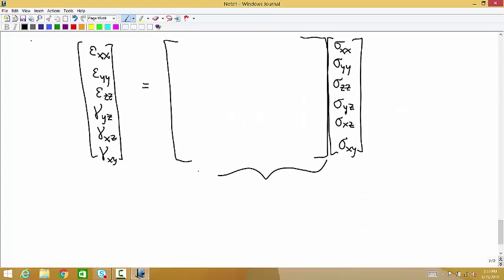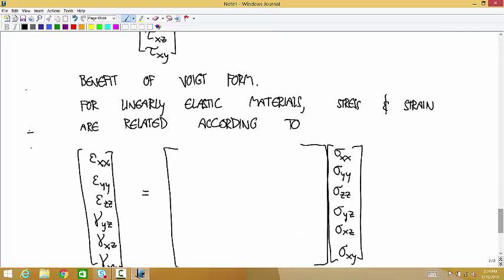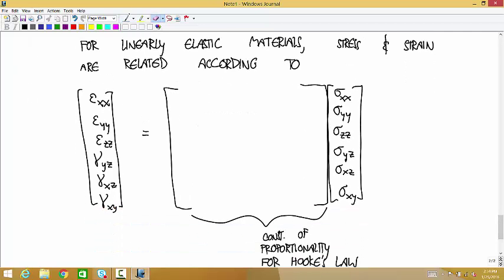This thing here, you can think of that as the constant of proportionality for Hooke's law. But what kind of object does that have to be? What size matrix does that have to be if you're right multiplying it by a 6 by 1 and getting out a 6 by 1? Yep, that's right. So this is a 6 by 6 matrix called the compliance matrix.